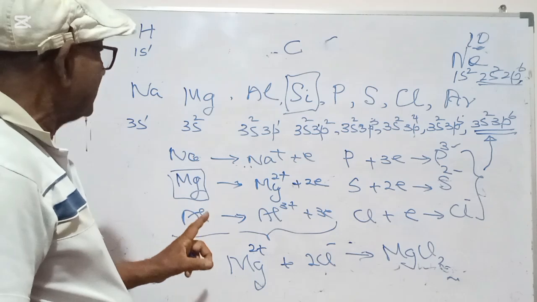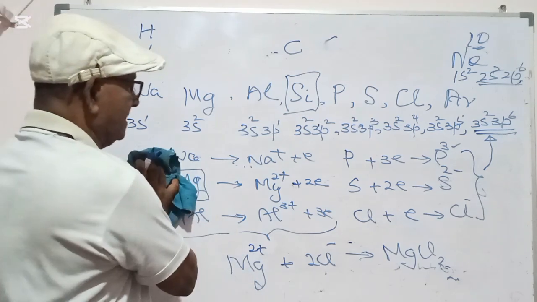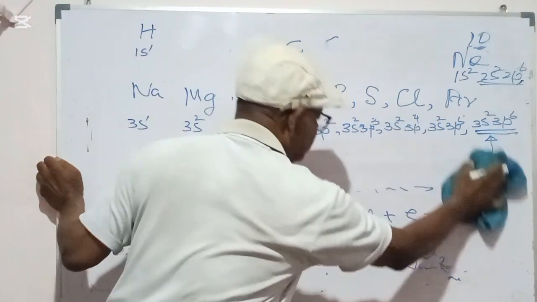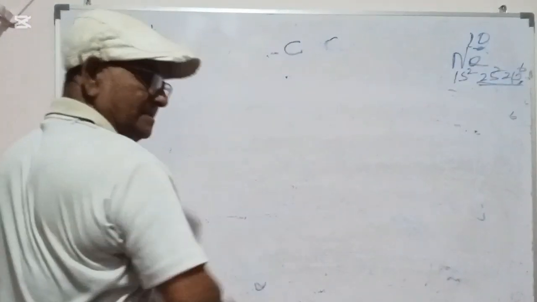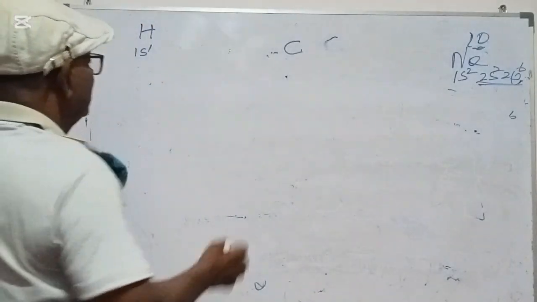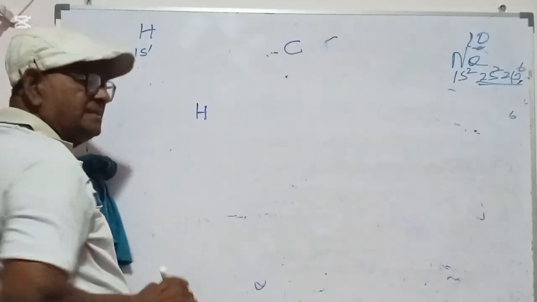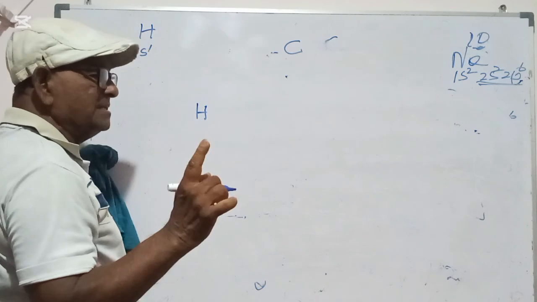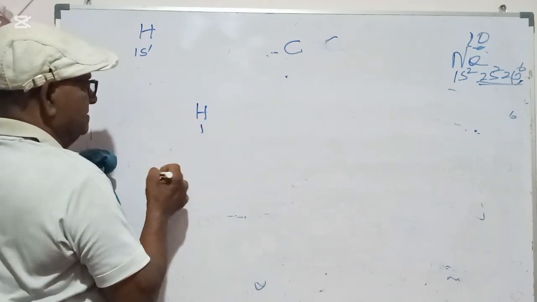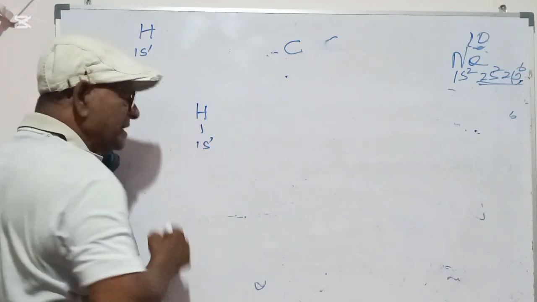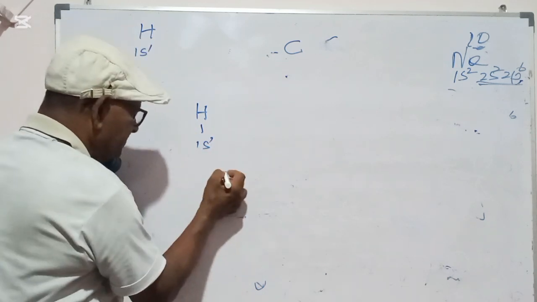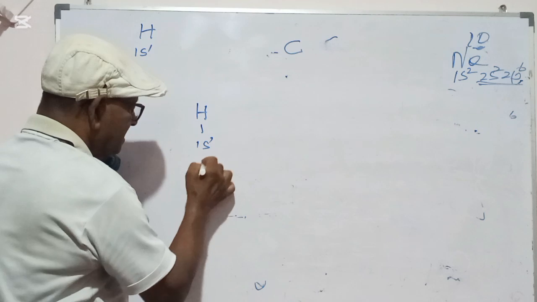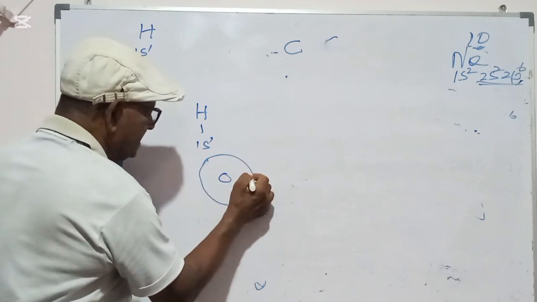Then I want to explain a very important thing in this case, right? See here, I never talked about hydrogen. So hydrogen has, and it is very important, one electron, 1s1 configuration. If I draw the atom of hydrogen, the nucleus, the outermost energy level has one electron.